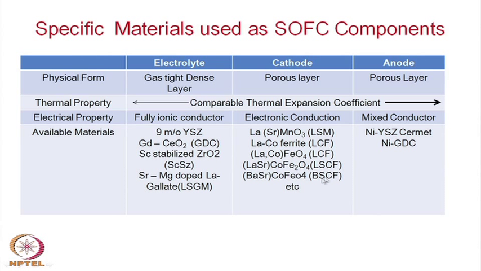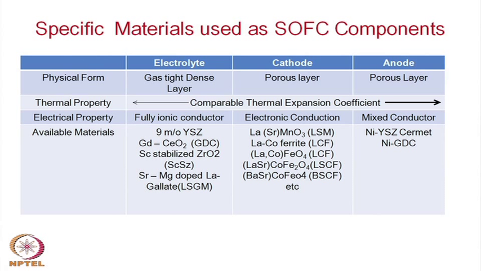There are many other ferrite kind of compounds that have been tried and are being tried, like lanthanum cobalt ferrite LCF, lanthanum strontium cobalt ferrite LSCF, and barium strontium cobalt ferrite BSCF. These are actually different kinds of ferrites also having very good electronic conductivity.